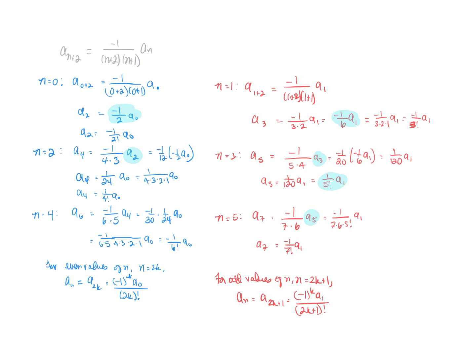And the cool thing is when we start putting it all together, then it looks a little bit like this, where we say that y is equal to the sum from n equals 0 to infinity of a sub n x to the n, and we wrote out the first 6 terms. We did n equals 0, 1, 2, 3, 4, and 5, which is actually 6 terms, because 0 counted.